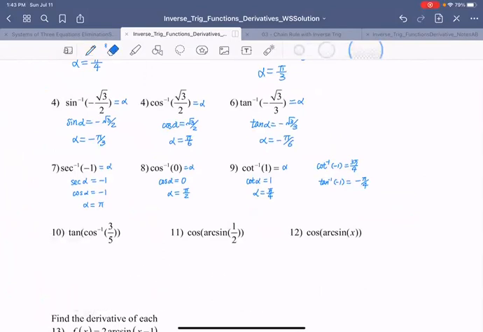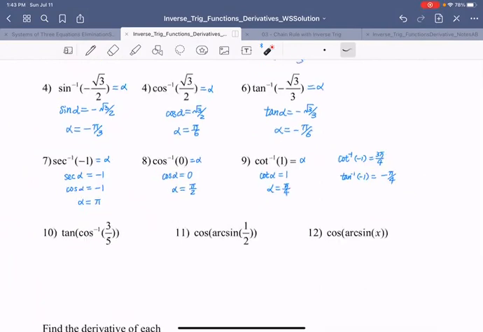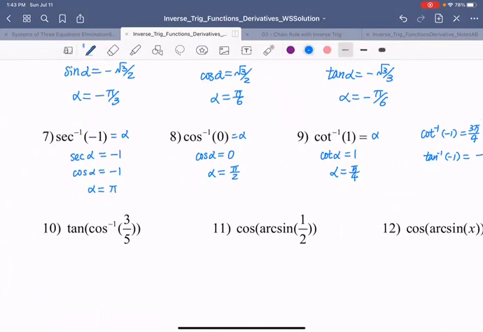Next. Tangent of cosine inverse 3 over 5. Okay. Joy, let's do this together. We might not be able to do this in one step, but we can let alpha equal cosine inverse 3 over 5.